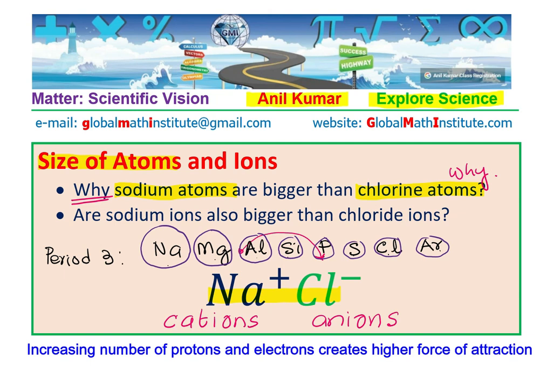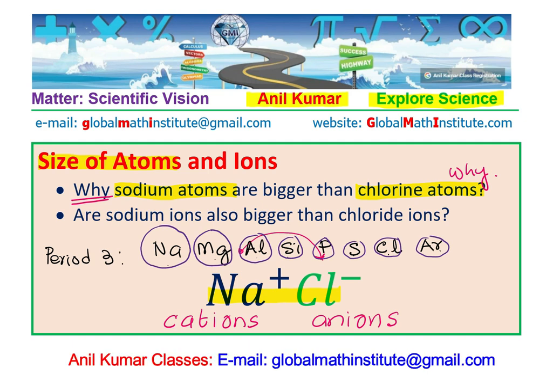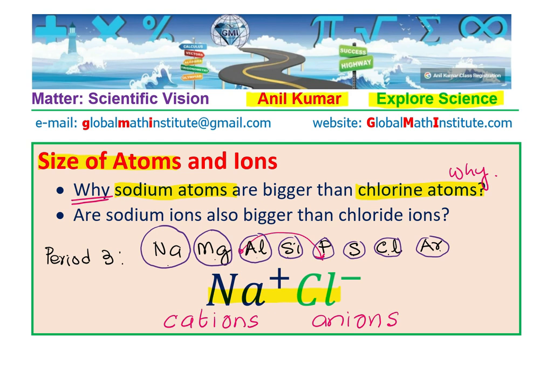So it kind of comes closer and closer as we move to the right of a period, which results in a decrease in the size of the atoms. Does that make sense?